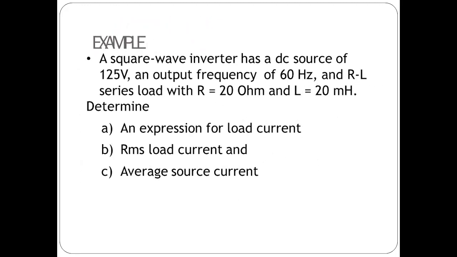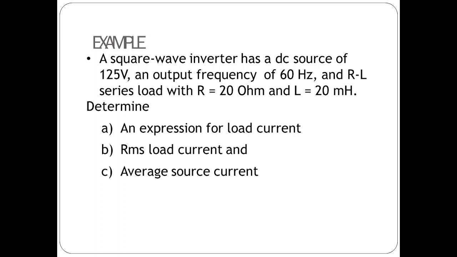And we will take one example for a square wave inverter by using this formula, and we will calculate how the DC source is given to the inverter. After giving the DC source of 125 volts, the output frequency will be 60 Hz, with an RL series load with R equal to 20 ohms and L equal to 20 millihenry.